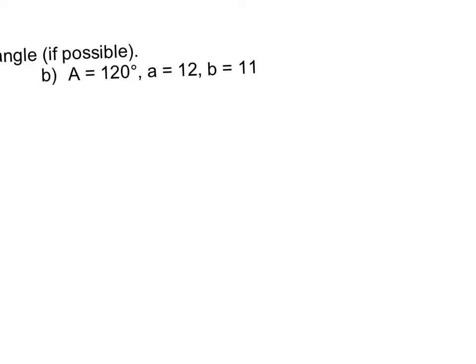All right, let's make sure we look at our side lengths before we start. This one has an obtuse angle again, and A this time is bigger than B, so that's good. I know I should be getting at least one triangle. Let's set this up. I'd have 12 over sine of 120, doing the same thing where I find my angle B first.